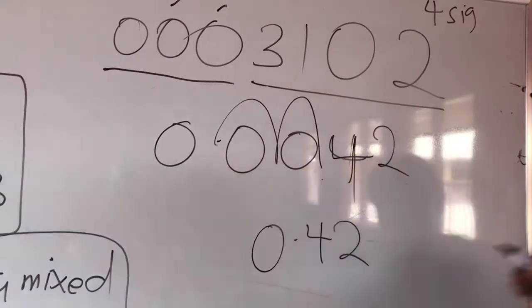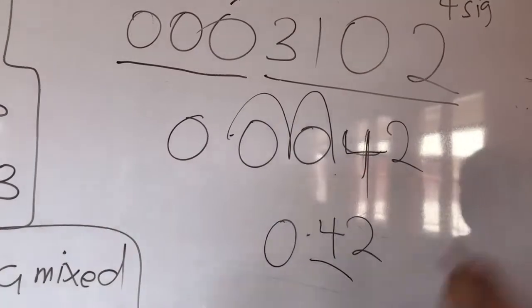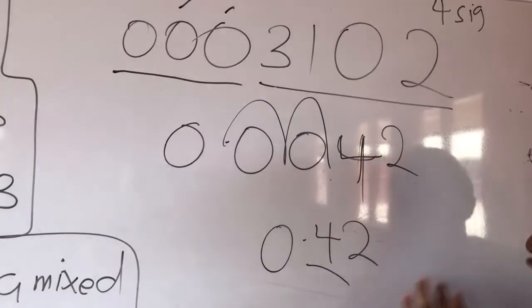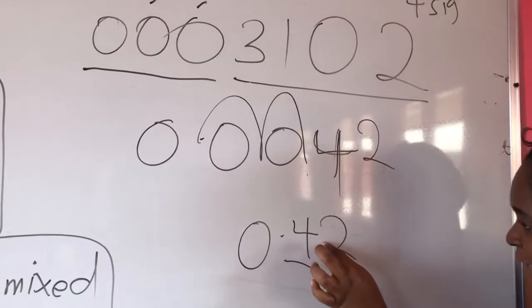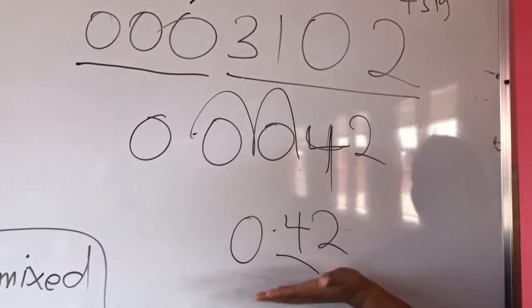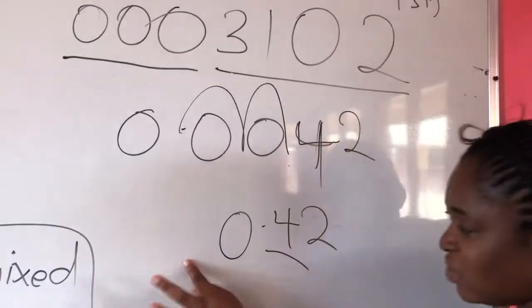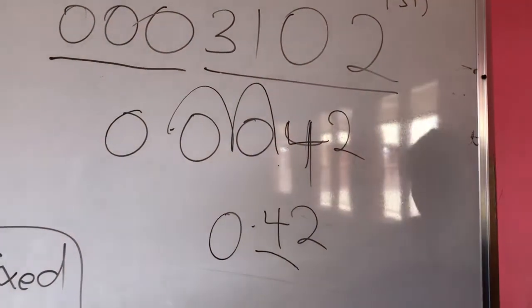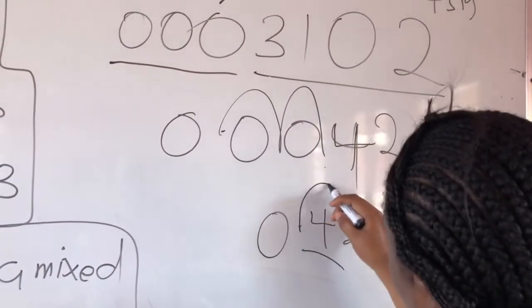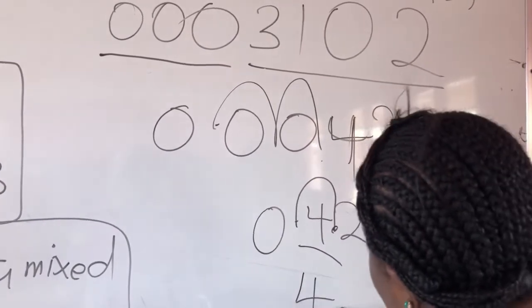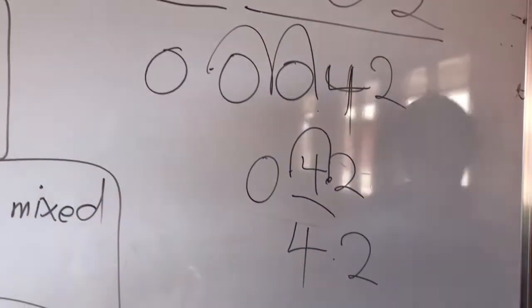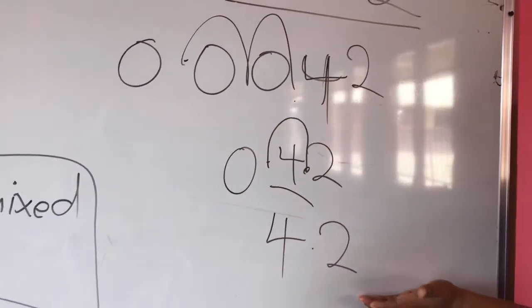The first significant number is 4. The decimal point in standard form must always move to the first significant number. So you have to move the point there. Then your answer is 4.2. So this is standard form.